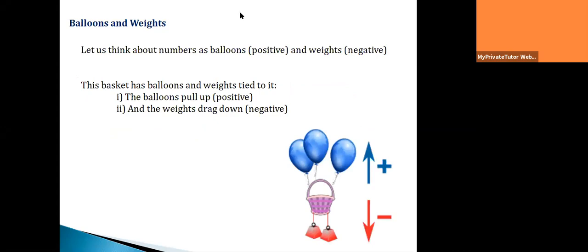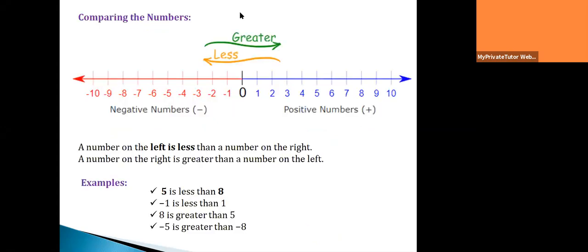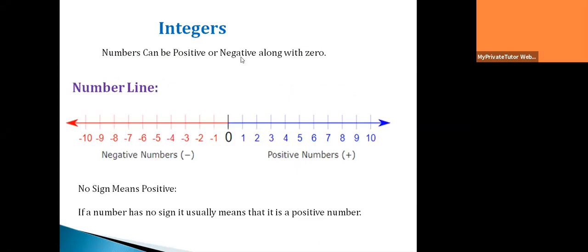For example, we can represent a positive number 5 as 5 or plus 5. Both are the same. A negative number is always represented with a negative sign in front of the number. For example, -5, -9, -90, and so on.